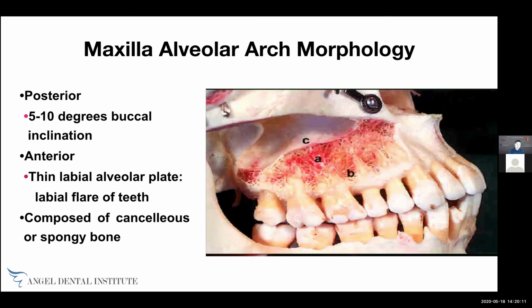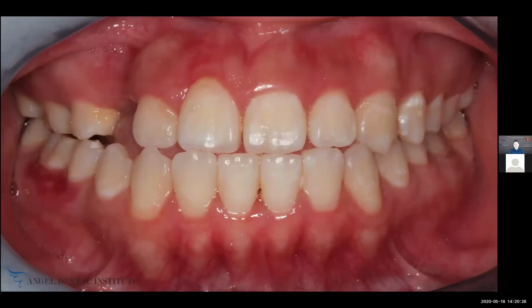And in the anterior region, you have a thin labial alveolar plate, like we've always talked about, and there's a labial flare of the teeth, okay? And the maxilla is composed of cancellous and spongy bone, okay? If you look at a typical one like here, a patient comes in because this patient is missing the first molar in the upper right.